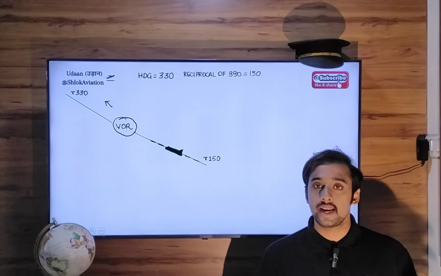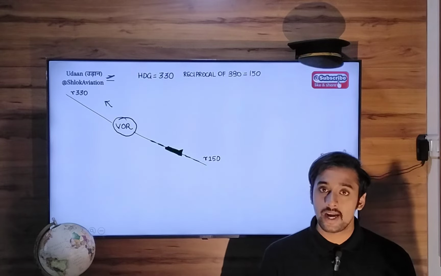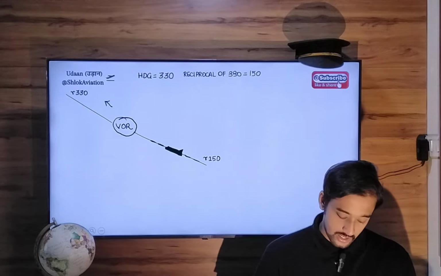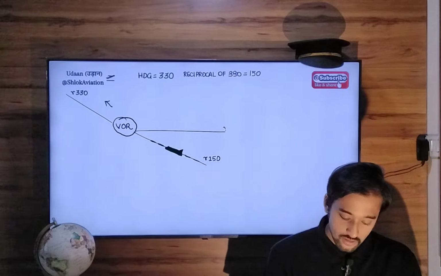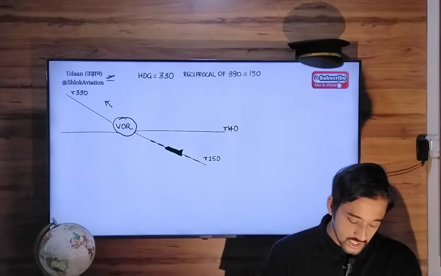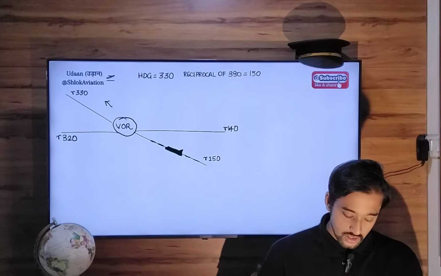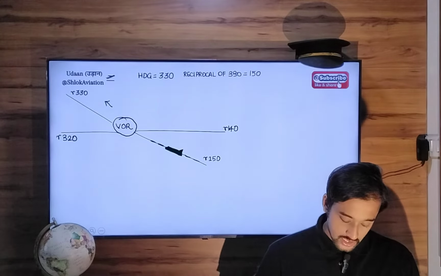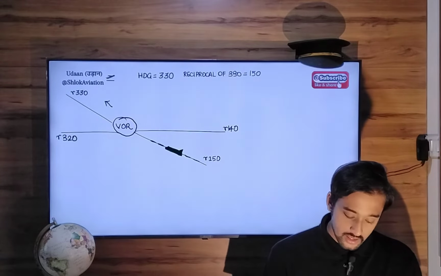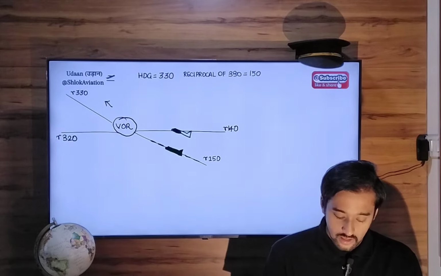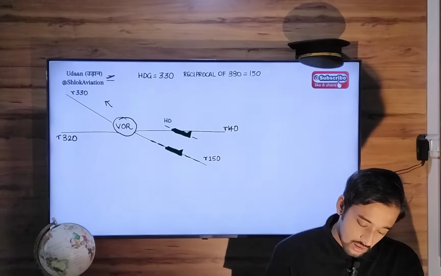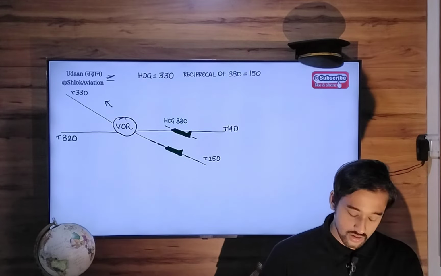So always use the ADF information first and find the radial on which the aircraft is situated. So we will also draw a radial 140, the reciprocal of which is radial 320. So actually the aircraft is situated on radial 140 and it is flying on a heading of 330.